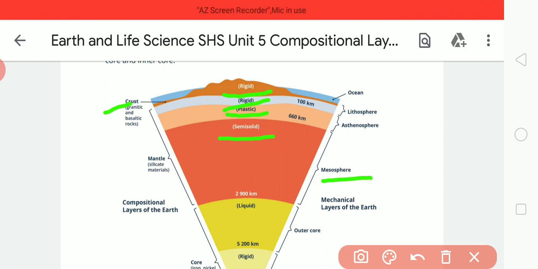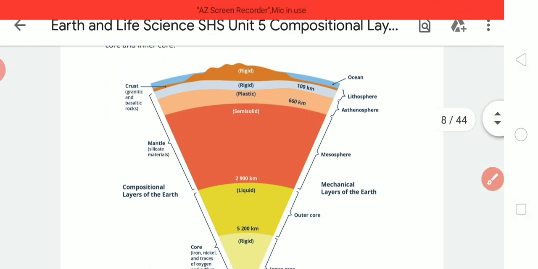So on this side, class, are the compositional layers of the earth, while this one is the mechanical layers of the earth. Now, the mantle has silicate materials, and compared with its mechanical layers, it has the characteristic of being semi-solid.